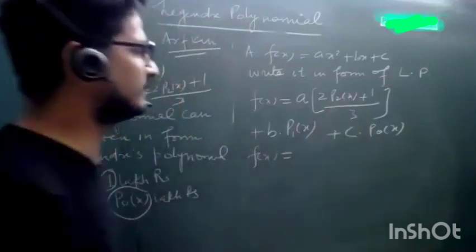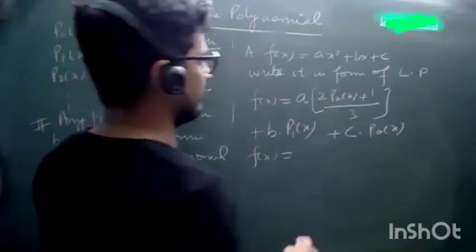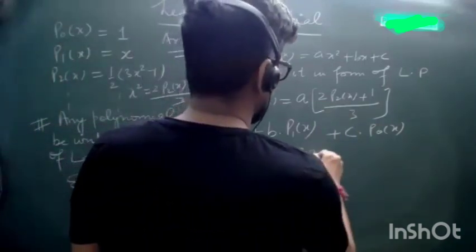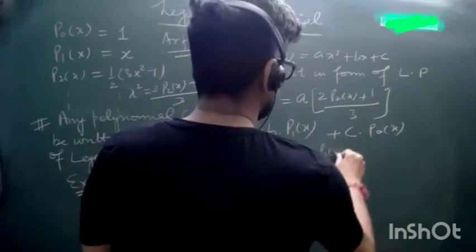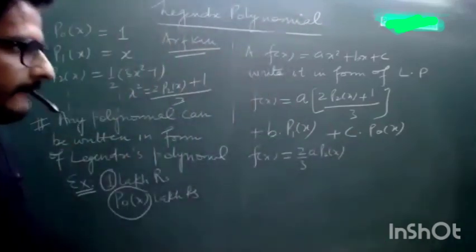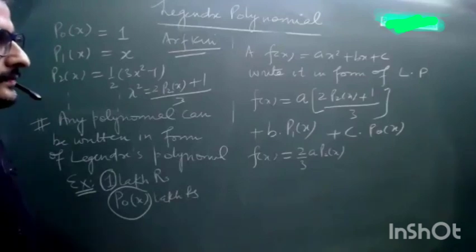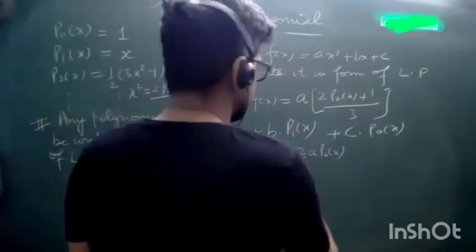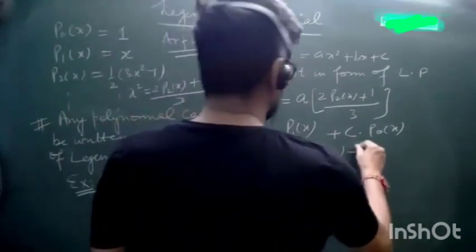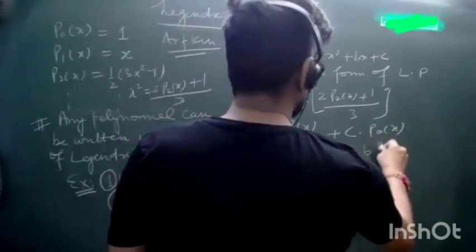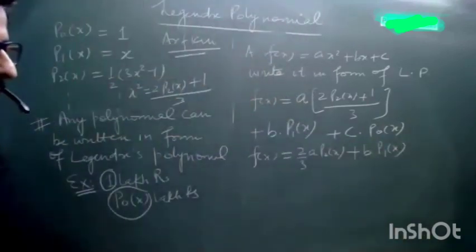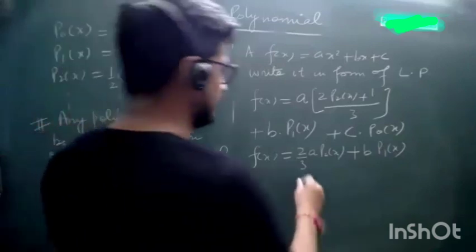So first is P2. What is the coefficient of P2? 2 by 3a. Correct? Yes or no? Yes, sir. Then comes P1. What is the coefficient of P1? b. And then comes P0.